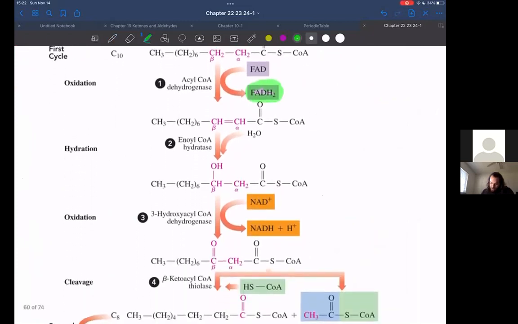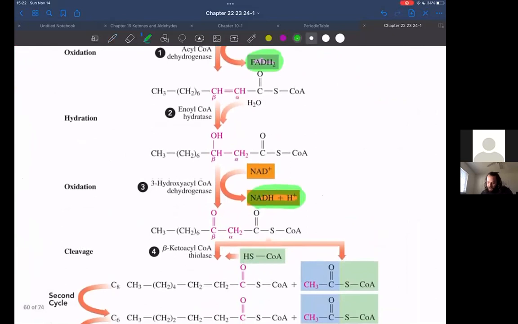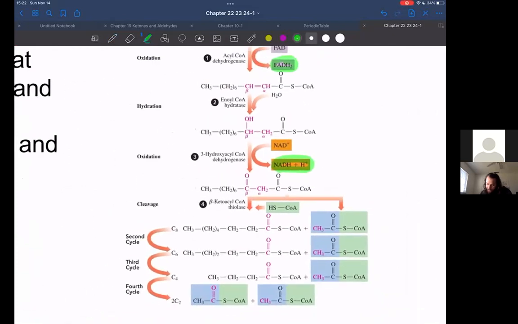That creates a double bond, and then you have this oxidation step to create a carbonyl on that beta carbon. That again gives you this output of energy in the form of NADH. And then you're going to break off the last step here, cleaves this right here, and gives you an acetyl-CoA.